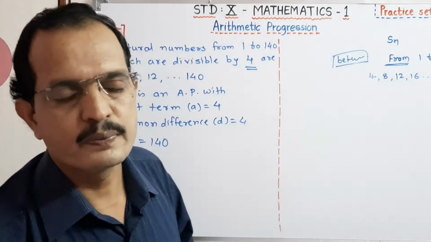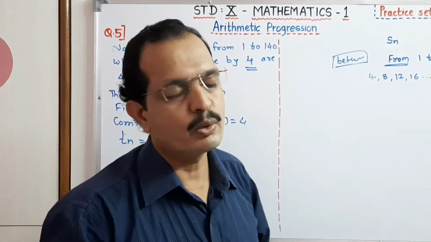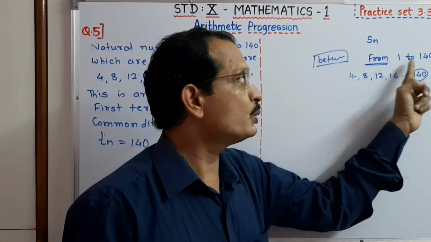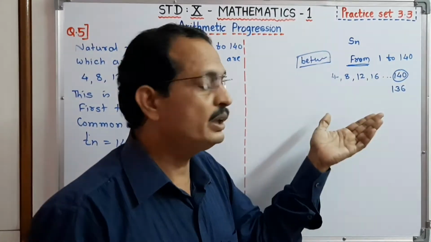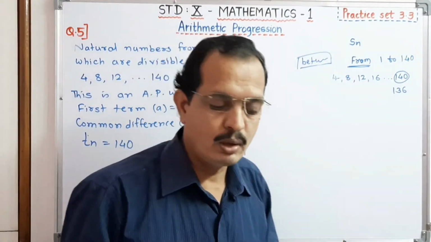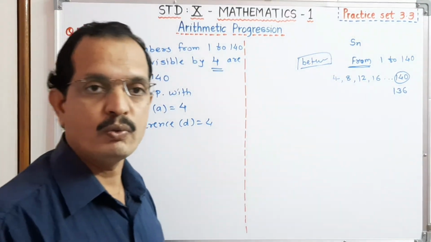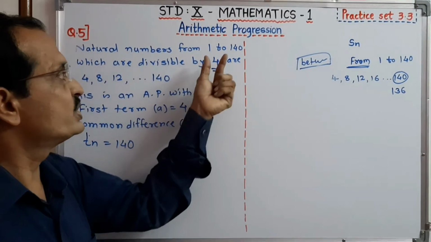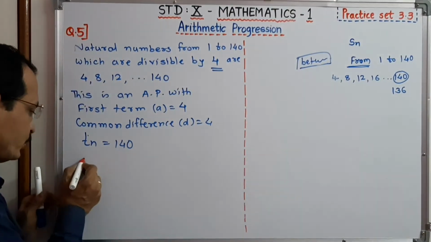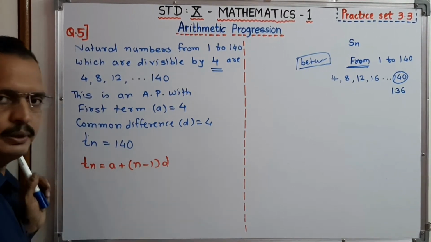Now dear students, see here. We have to find the Sn, that means the sum of all those numbers. But from 1 to 140, how many numbers are divisible by 4? We don't know. Therefore first of all, by using the Tn formula, we have to find the number of numbers divisible by 4 from 1 to 140. Therefore we use here Tn is equal to a plus n minus 1 into d.